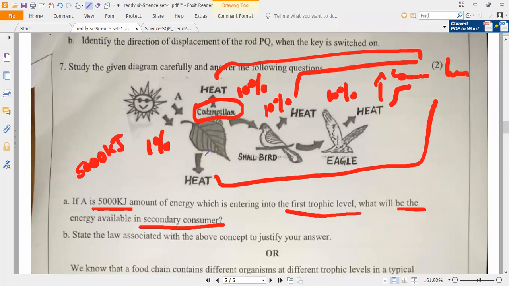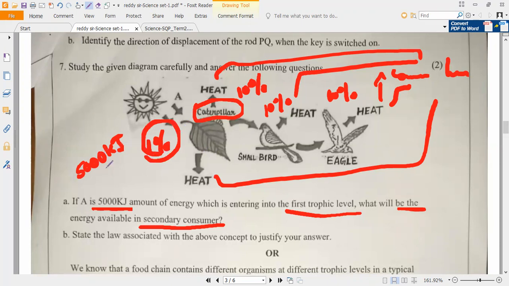So if you notice, the plants are receiving 5,000 kilojoules. So how much will be absorbed by the plants? Sir, 10%. Not 10%, only 1%. A will absorb only 1%.